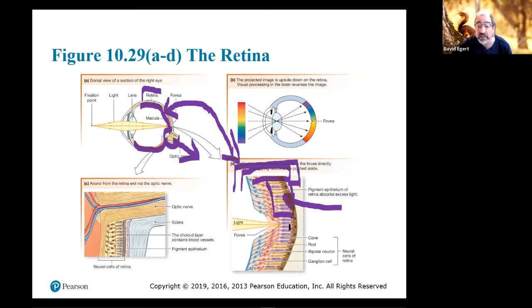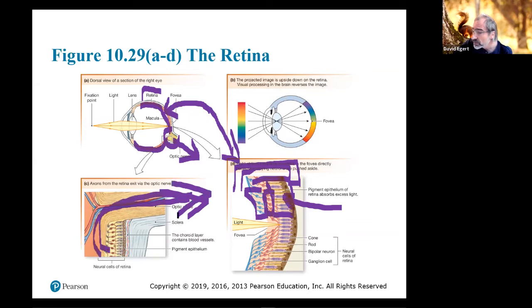And then there are a lot of other cells that I'll give names. In the interest of time for our class, we can't go into much more detail. The next layer is called the bipolar cells. The next layer is called the ganglion cells. The ganglion cells are the ones that actually create the optic nerve. The axons from the ganglion cells are what become the optic nerve and go to the brain.